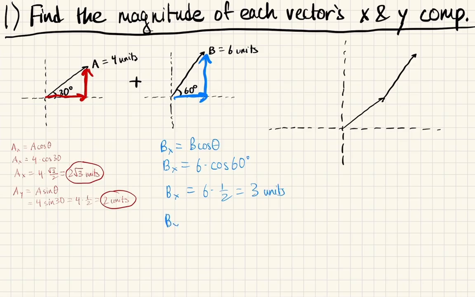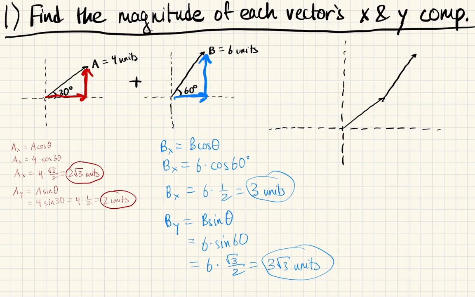And then the y component would be the magnitude of vector B times sine of the angle, which is sine 60. So sine 60 is going to give us √3/2 multiplied by 6 would be 3√3 units. Okay, so we have the x and y components of both vector A and vector B. Okay, so that's our first step.